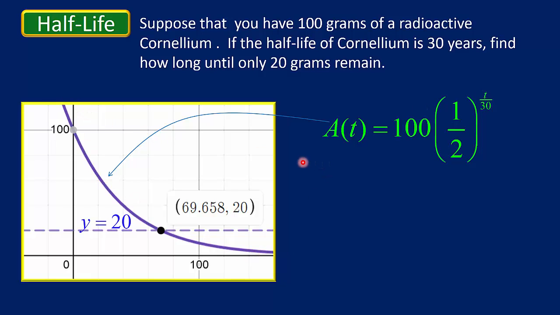And then we have y equals 20, 20 grams. So we're wondering, when does this equal 20? We'll just find the intersection of these two curves, and you can see the intersection is right here at 69.658. That's when you have the 20 grams.